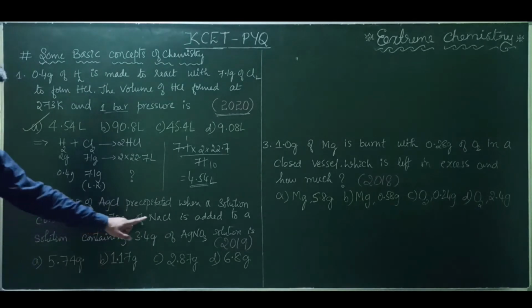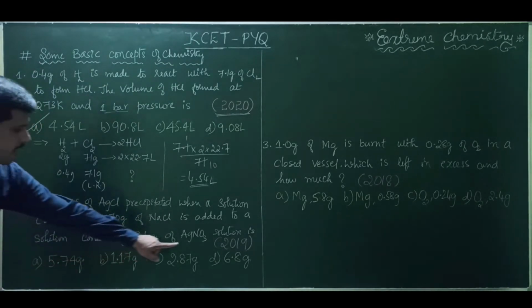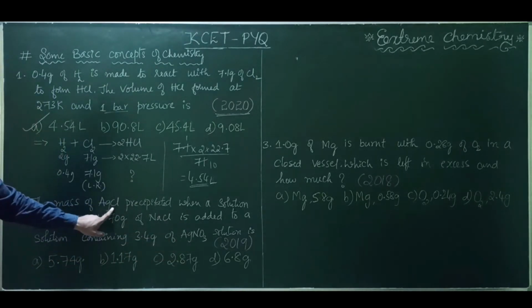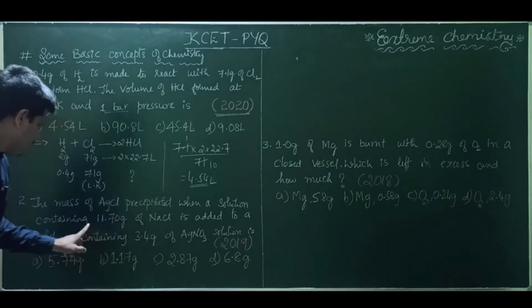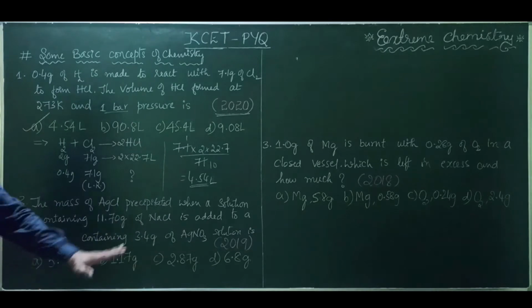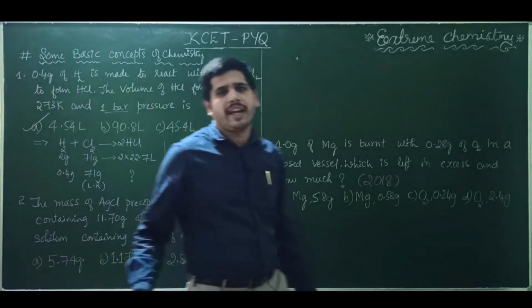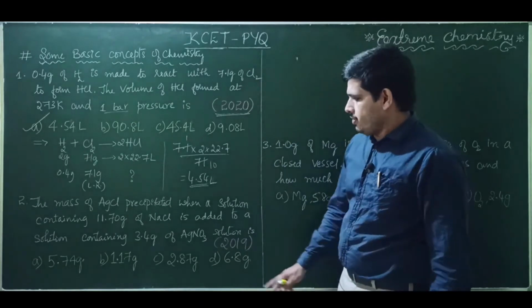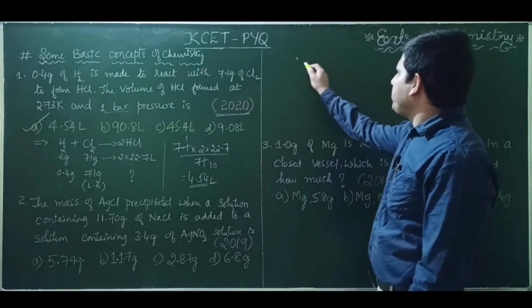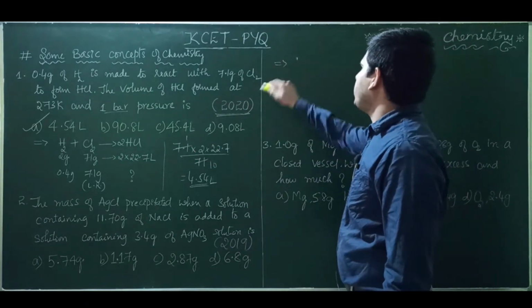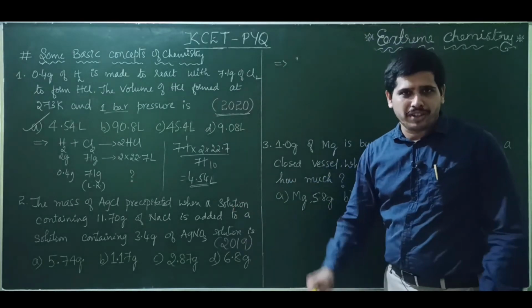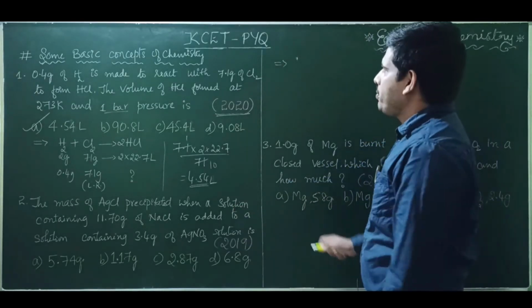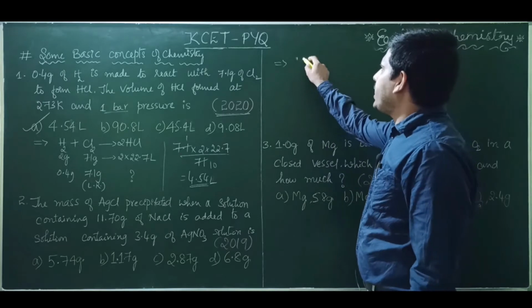The reaction is between NaCl and AgNO3 to give silver chloride. Again specific amounts are mentioned, so it is definitely a limiting reactant problem. Shall we go for that in the same way? Let me write the solution for the second one, the 2019 question from the basic concepts of chemistry chapter. How to do that? Write the reaction first.